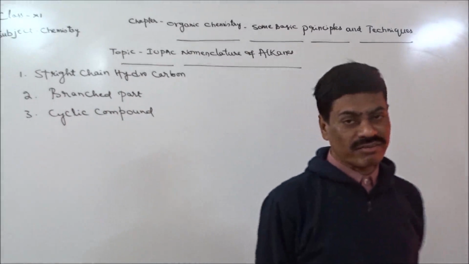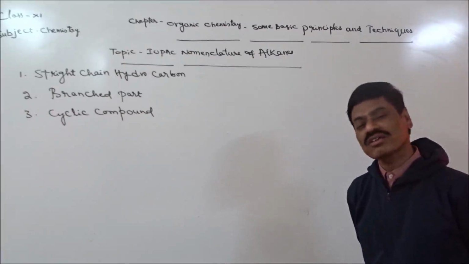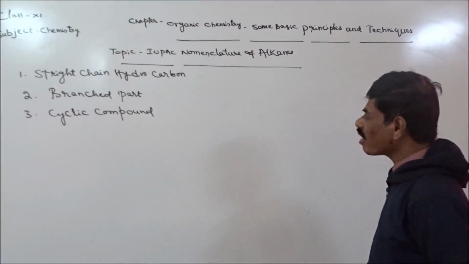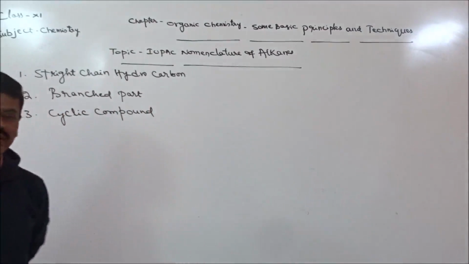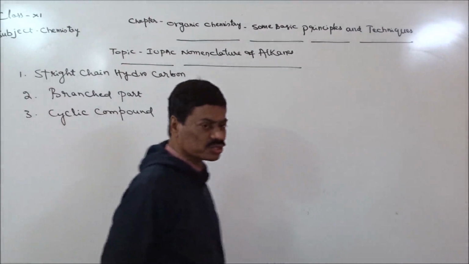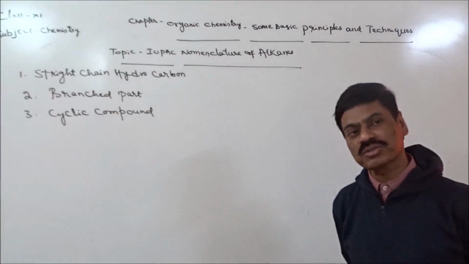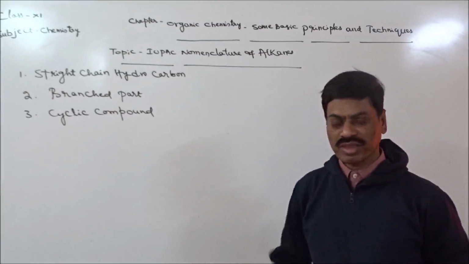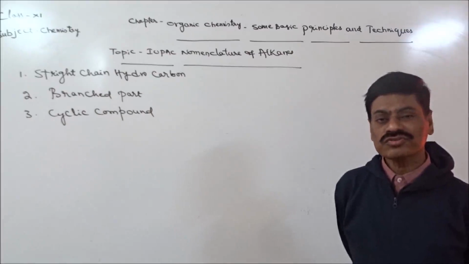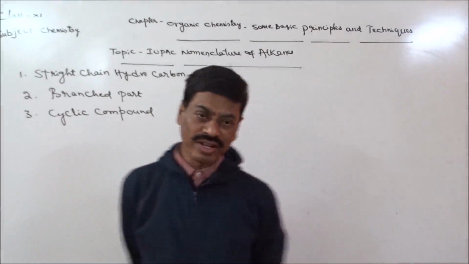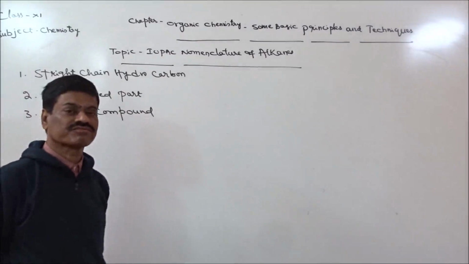If more than one branch is there, then we have to find out how many branches are connected to it. These branches are nothing but substituents. In the previous class we had seen the functional group and the substituent connected to the straight chain. So when more than one substituent or branch is connected, we have to identify how many of them are similar. Right?